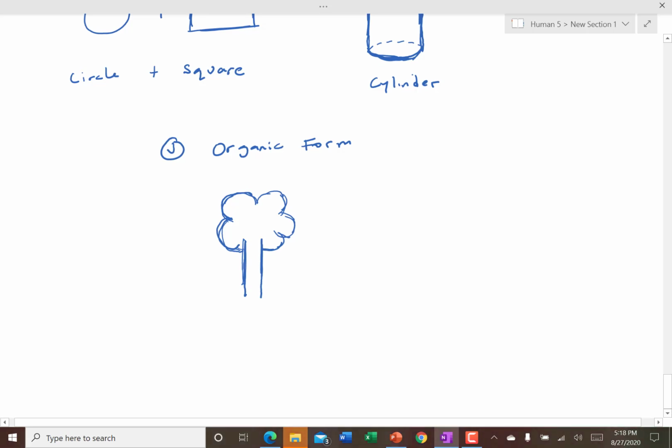So if you're trying to figure out drawing, you can break it down into its basic forms, specifically geometric forms. You have this as the outline, and then from there you start adding in the organic component of a tree, and the branches are coming out and they're irregular.